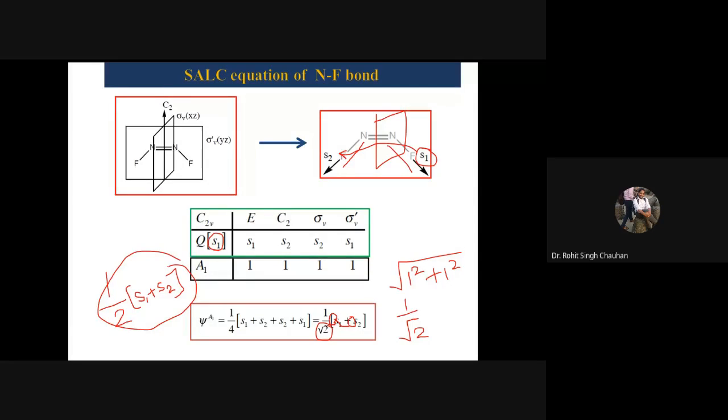Okay, now the next, through the NF bond. In that case, I have now used B2. Earlier I used A1, now I am using B2. So you will get 1 by root 2, S1 minus S2. For this, I will solve it.